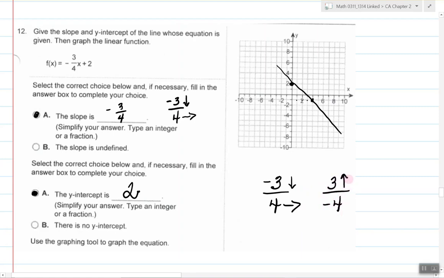Then your rise is positive, but your run is to the left. If I had done that, it would have said go up 1, 2, 3, and then go left 1, 2, 3, 4.